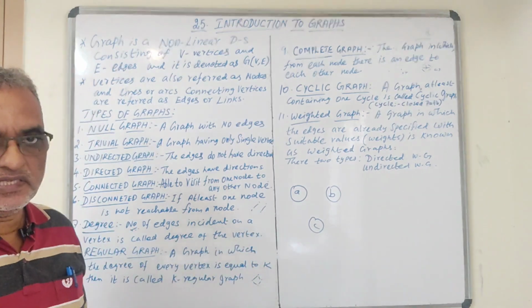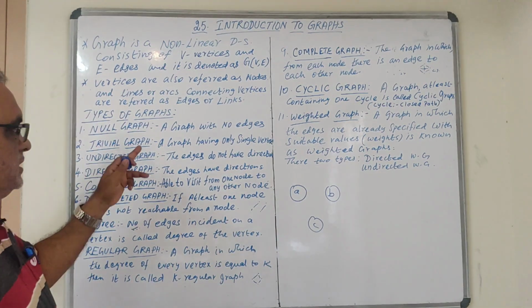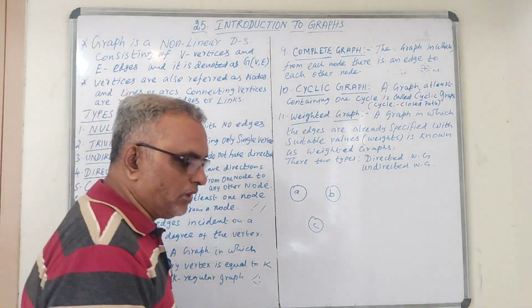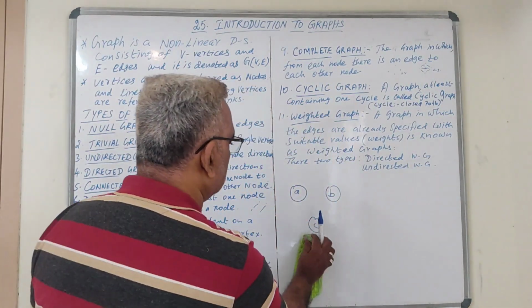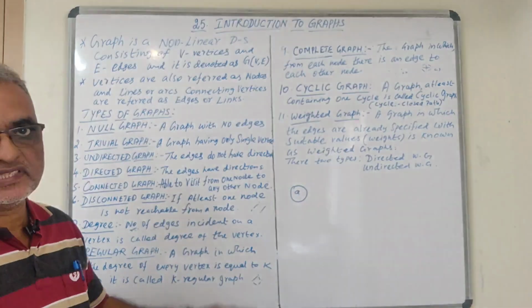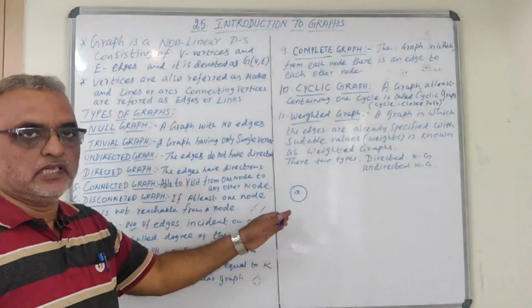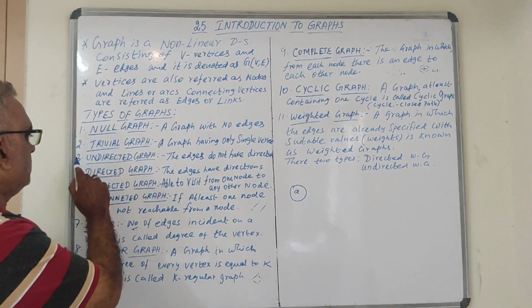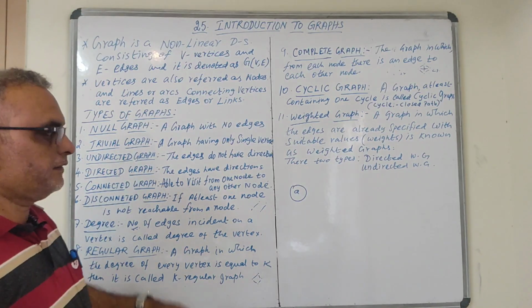You can say that it is a null graph. Number 2, trivial graph. A graph having only one vertex, that is a single vertex. For example, this single node, a single vertex, is also referred to as a graph, but it is a trivial graph.